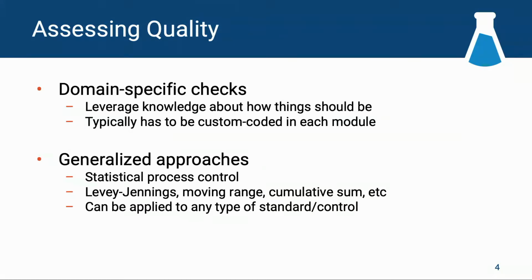And we also have these more generalized approaches, which are some of the things that Jim from PNNL mentioned in his presentation yesterday on the biofuels, where you can have a more statistical process control mindset. These are things that have really been refined in the industrial manufacturing world, and then applied to the lab and the processes there.